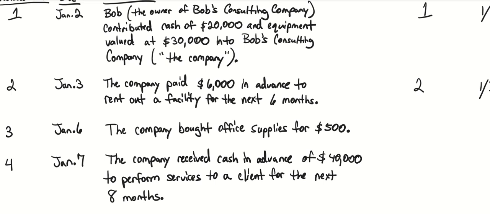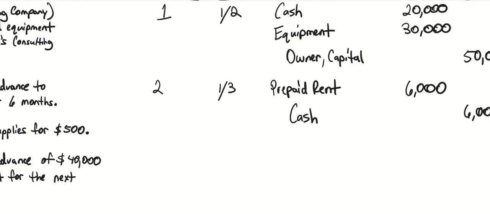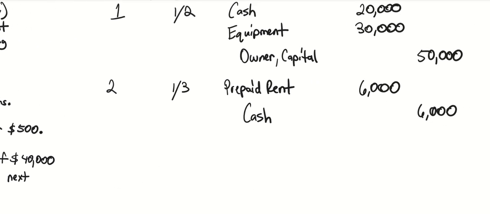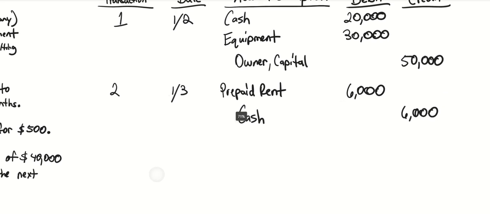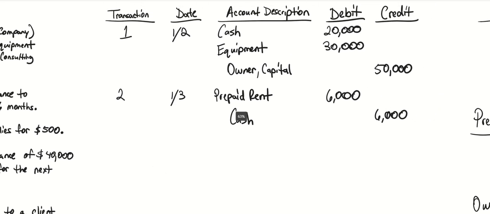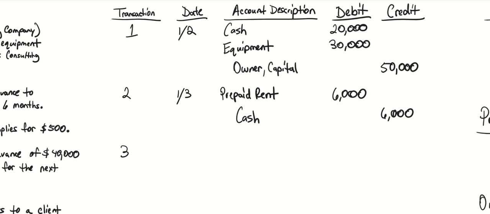Transaction number 3 occurred on January 6th. The company bought office supplies for $500. Okay, transaction 3, and this is for January 6th. So office supplies was bought for $500.